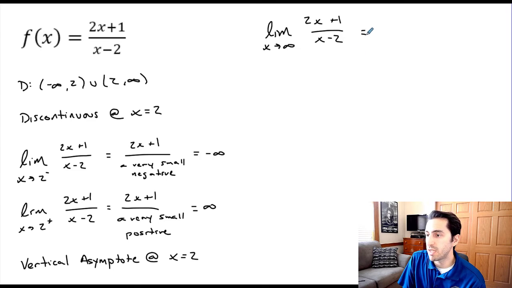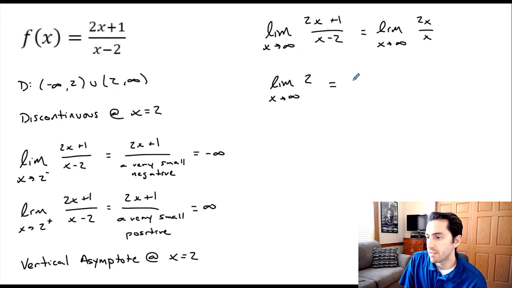So this is the same as the limit as x approaches positive infinity of our two leading terms for these two polynomials. And written like this, we can simplify. So the x's simplify and we end up with 2. And the limit of a constant is just the constant.